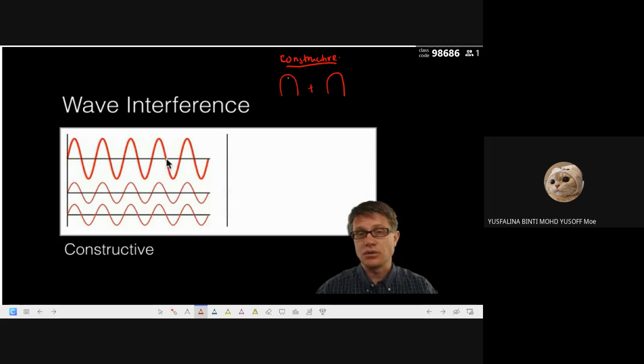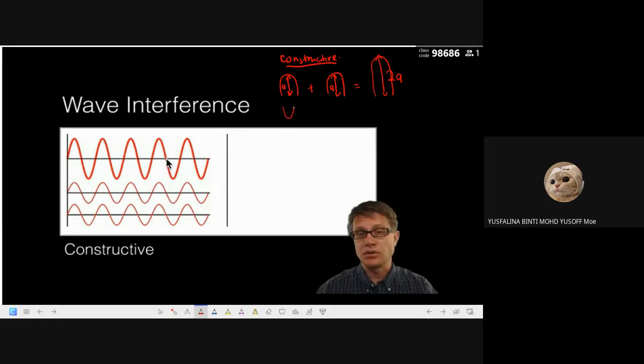So when the crest meet the crest, let's say the amplitude here is A, and this one also, the amplitude is A. So what happened here, at the middle, where the point they meet each other, they overlap with each other, they will produce the wave that has the amplitude 2A. Okay, so this is the constructive interference.